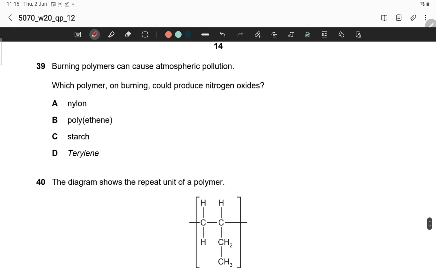Question number 39. Burning polymers can cause atmospheric pollution. Which polymer on burning could produce nitrogen oxides?